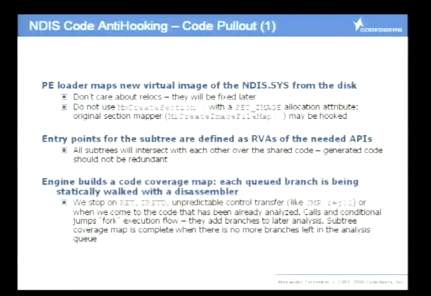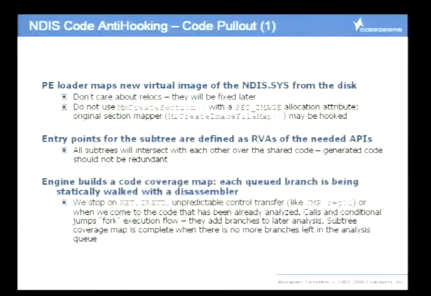When we walk them, we will stop on unpredictable control transfers like jmp reg32, or any kind of returns like retn, iret. These types of instructions mean that we come to code that has already been analyzed. This means that our branch has just ended.